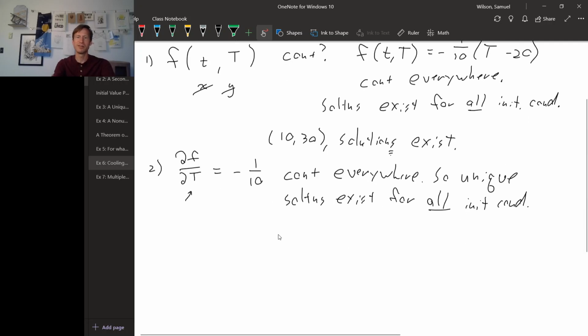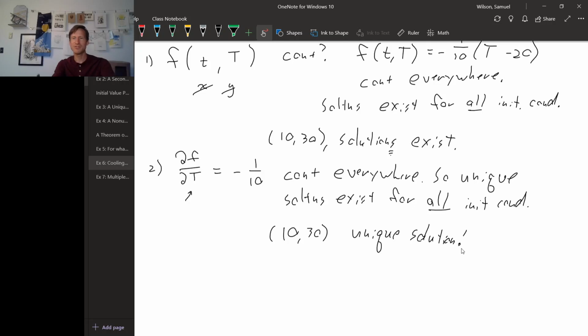And in particular, for our initial condition 10, 30, there is a unique solution. Okay, good. And that sort of satisfies our intuition that there should be one solution for a physical situation.